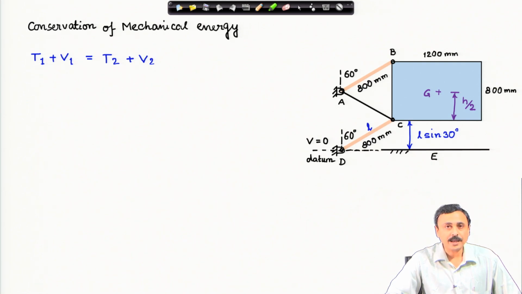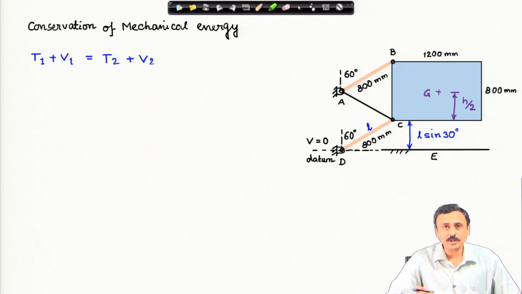Therefore, we consider the total mechanical energy at the initial state, when it is tied by the string, and after the string has broken and the plate is about to hit the ground.